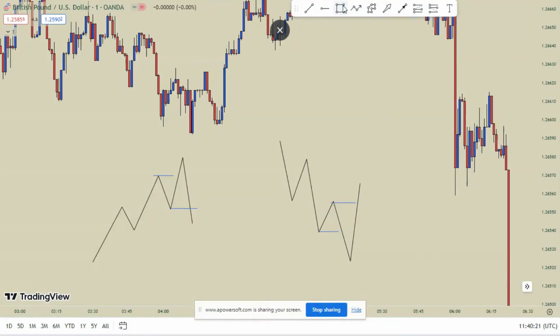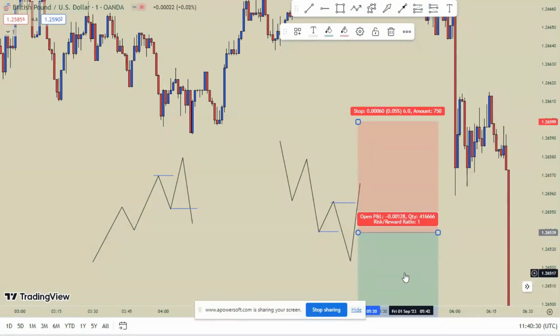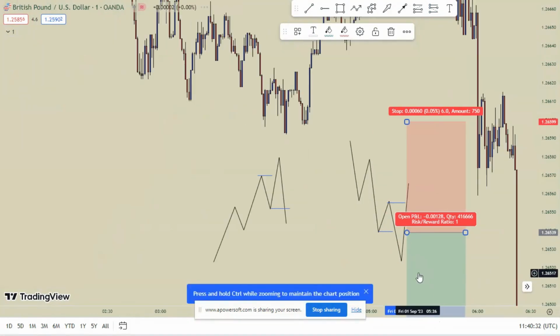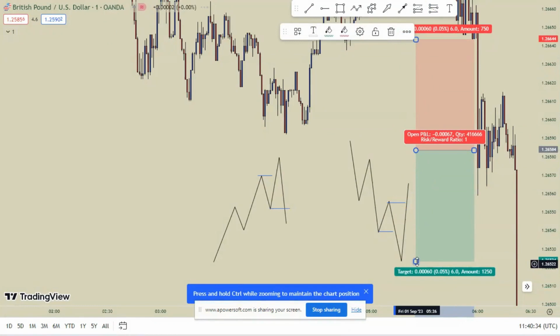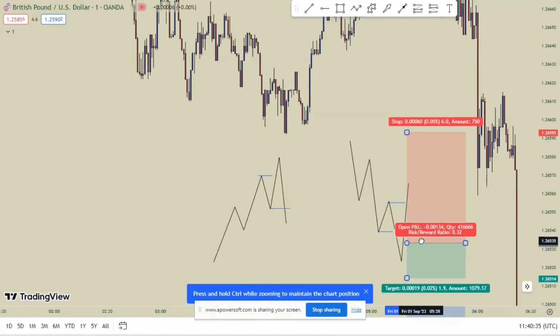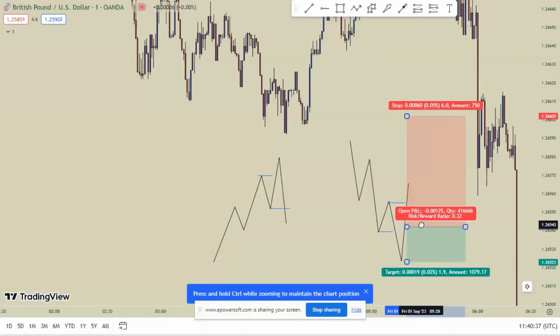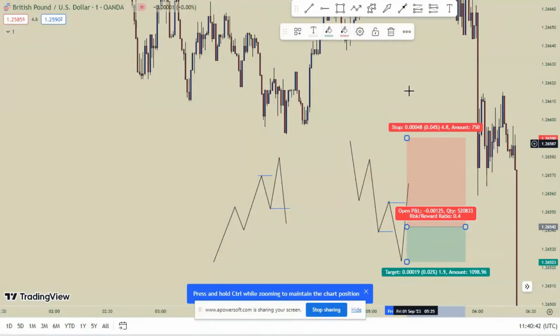So we look out for this zone here. We can consider this zone, and then our stop loss is just down there, and then we target some POI up here.